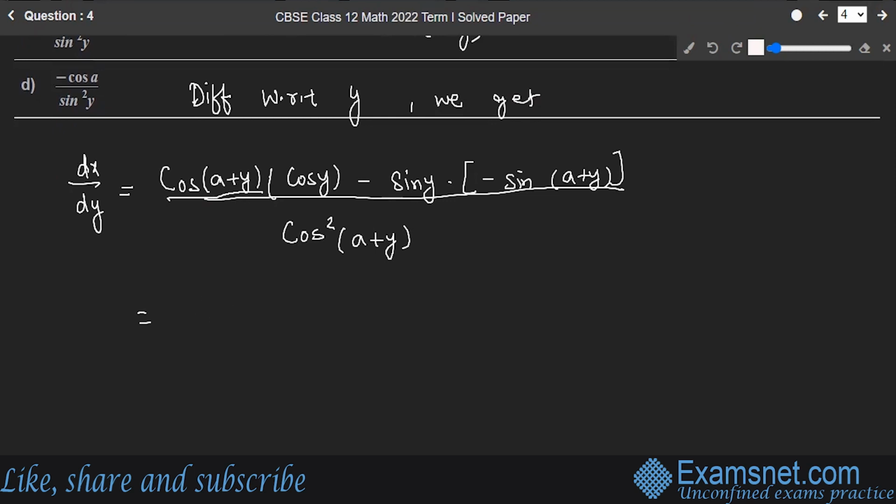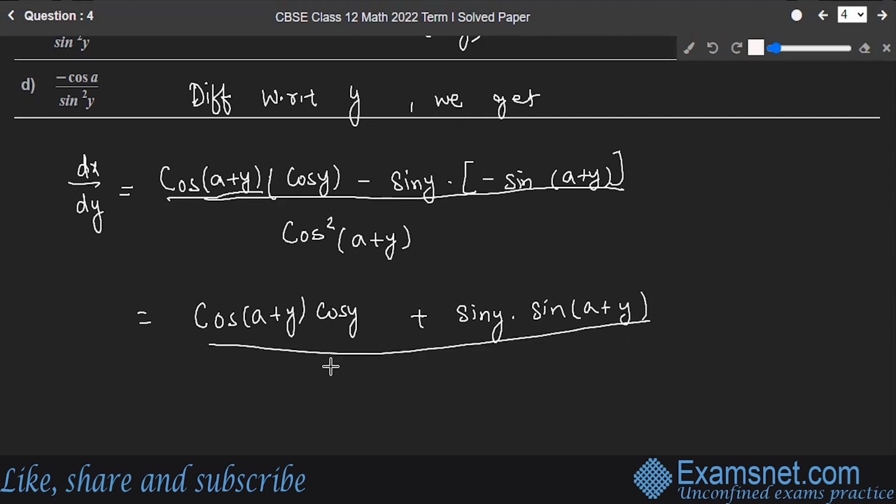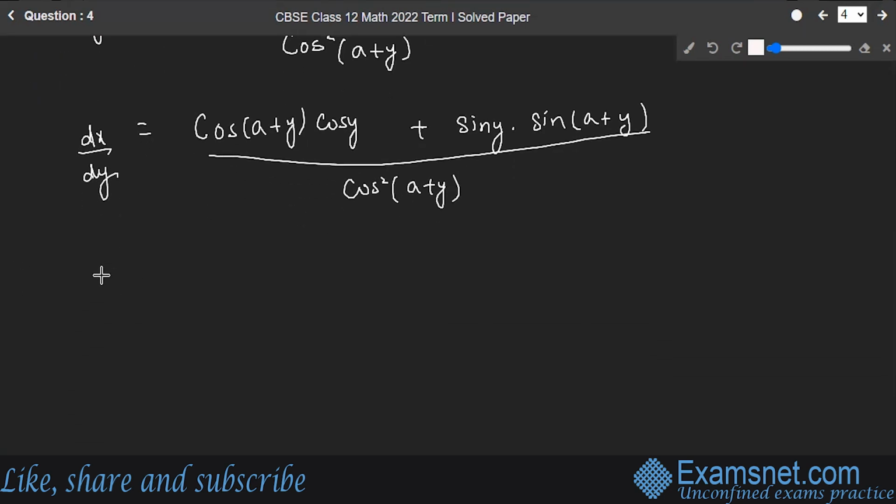Now this will be equal to cos a plus y cos y plus sin y sin a plus y, whole divided by cos square a plus y. This is equal to dx upon dy. Okay. So dx upon dy, this is cos a cos b plus sin a sin b.